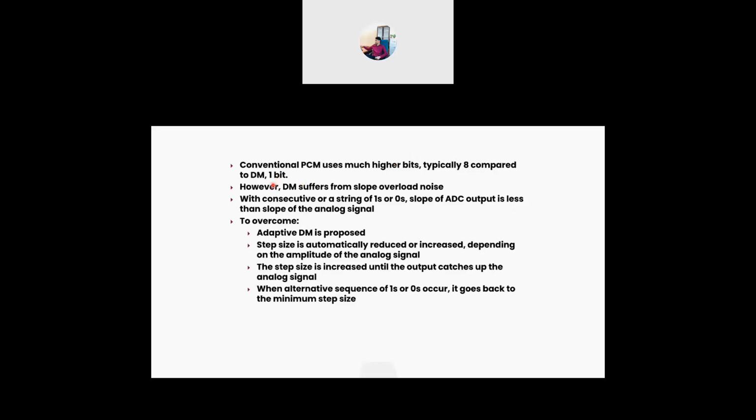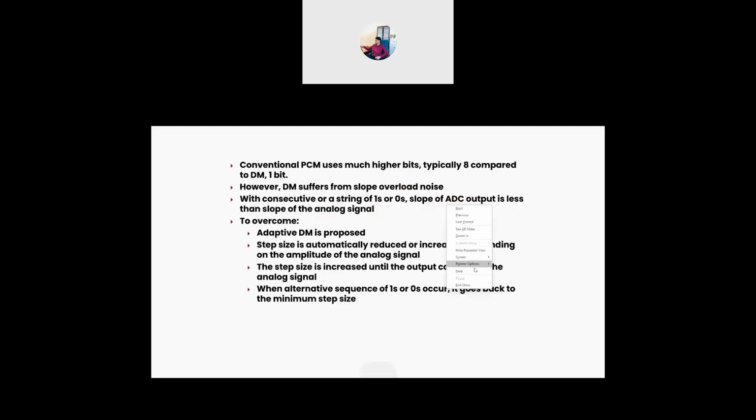However, DM suffers from slope overload noise. If there is a string of 1s or 0s, so if you keep continuing to have 1s or 0s, then you will see that the slope of the analog to digital converter output is less than the slope of the analog signal.